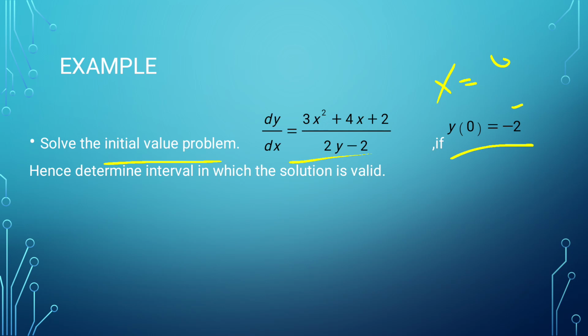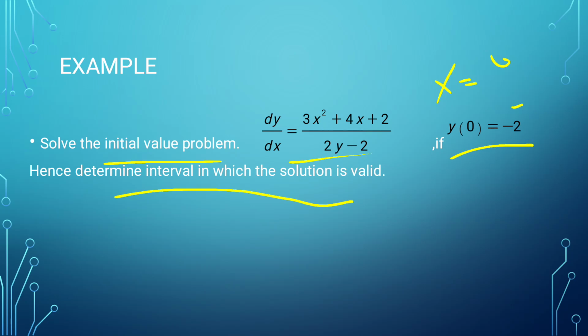Now we have this kind of equation here. We just need to see whether it is separable. If it's separable, then you can solve it. If the terms of x and y can be separated, then obviously this will be a separable ordinary differential equation. After that, we will be required to get the interval in which the solution is valid.